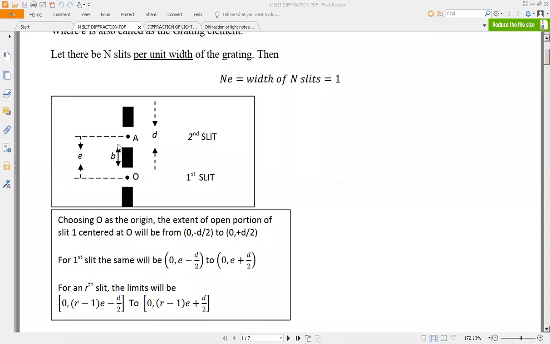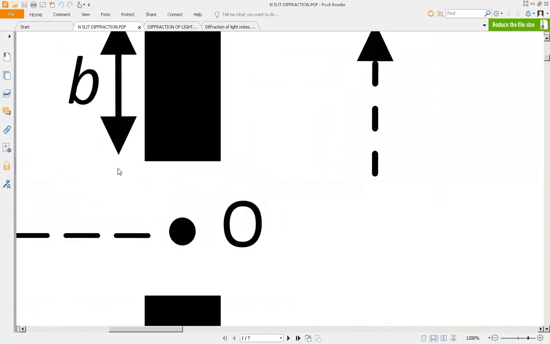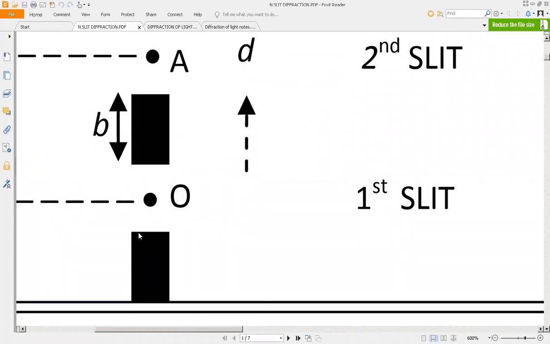From this edge till this edge, it is d, and from this edge to here, it is d by 2. This is d by 2, and I also know that from this edge to point A is also d by 2. So the OA distance can be divided into d by 2 plus this width b, and this width d by 2.